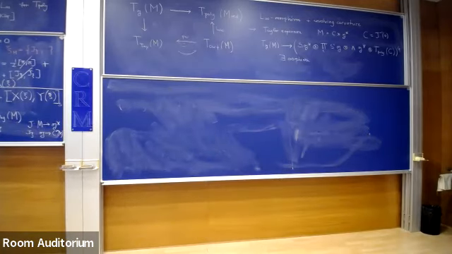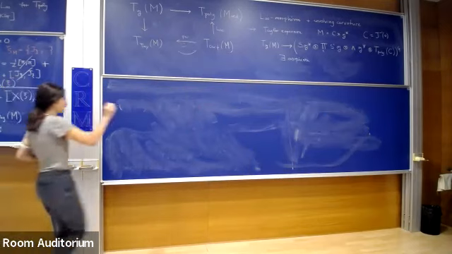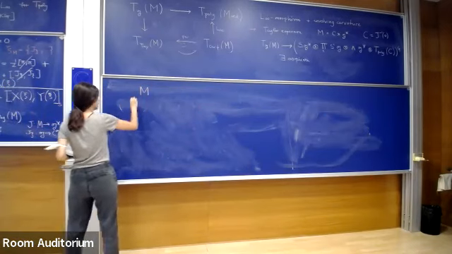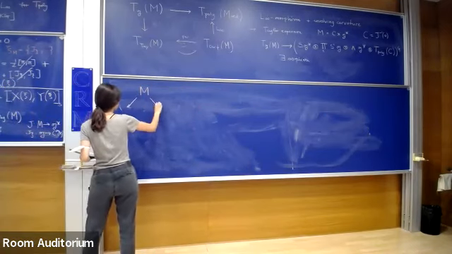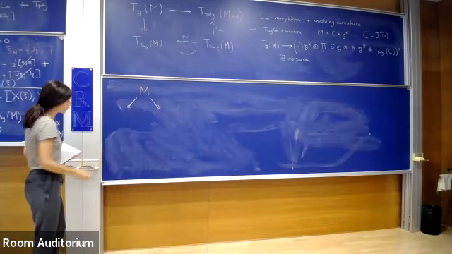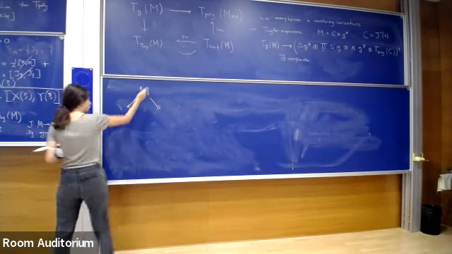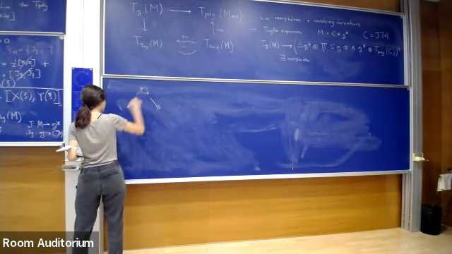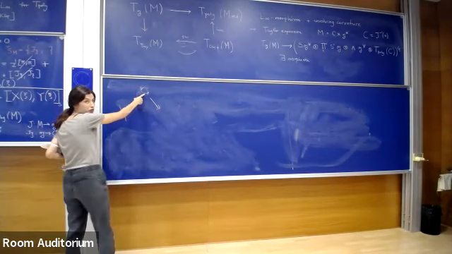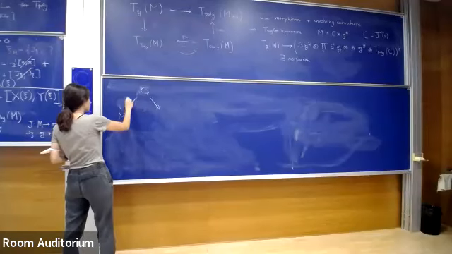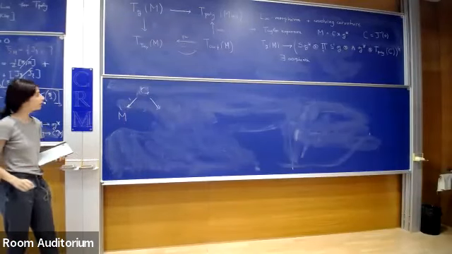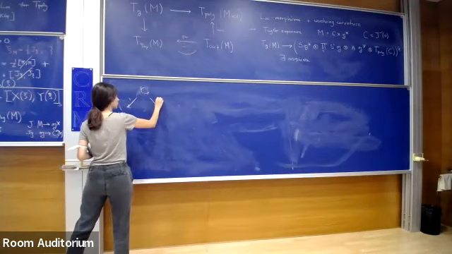So what do we have? Classically speaking, reduction is what? You have your manifold, your constraint surface, right, which is inside that. And then you can project on the quotient.